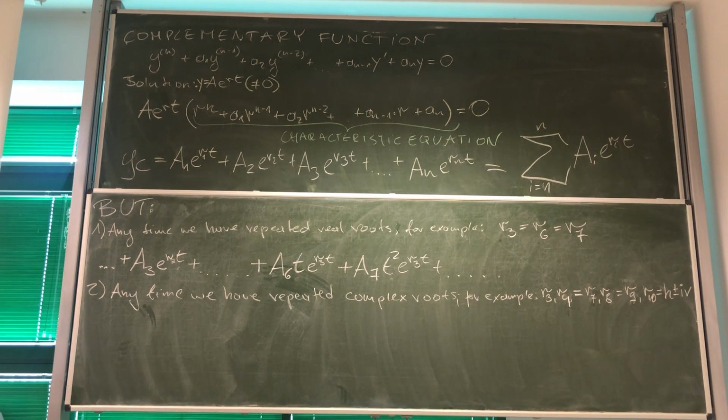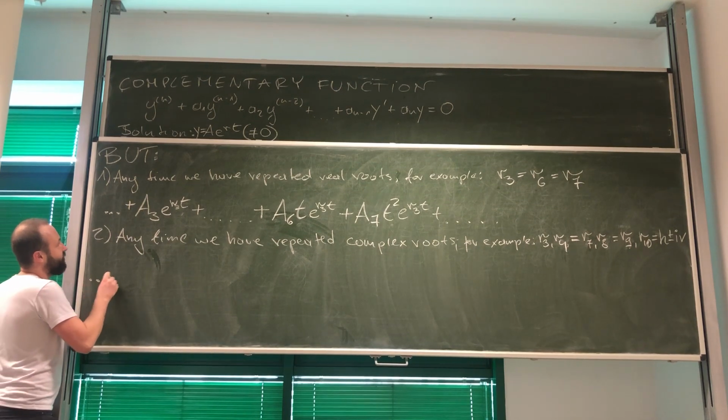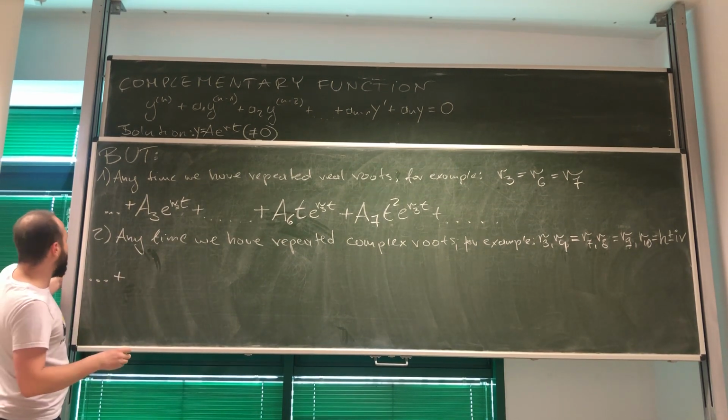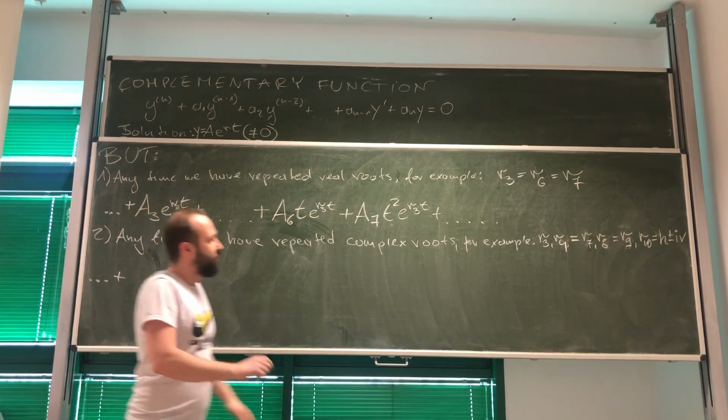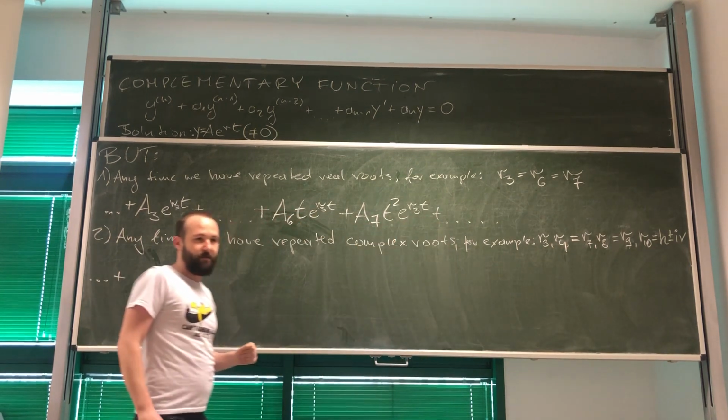We add t. So look, we would have some components of the complementary function, and then we get to those two, R3, R4.